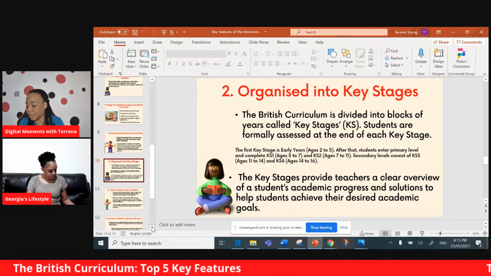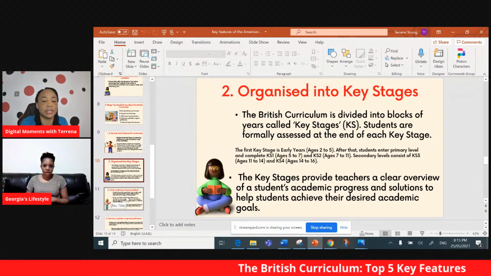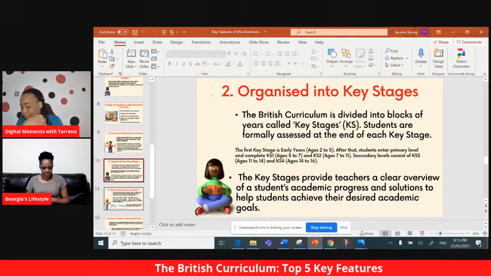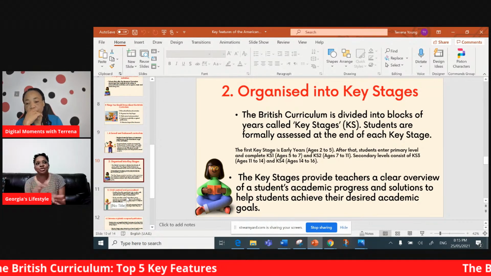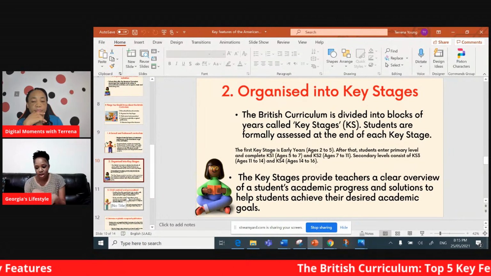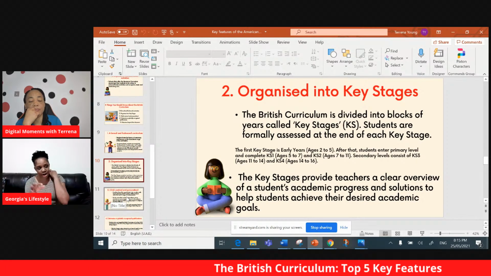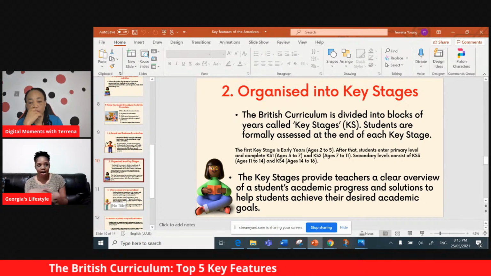I can't say that often enough. It's similar. I'm always trying to remember this: when you're in the British school, let's say you're teaching year 4.